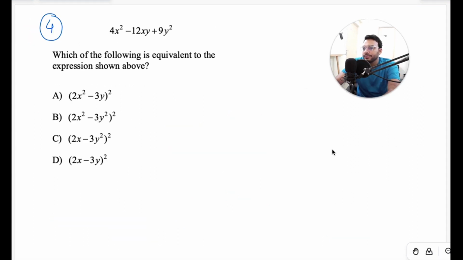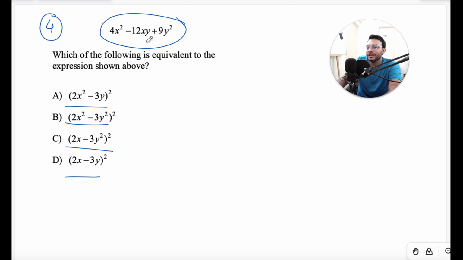Question number 4. 4x squared minus 12xy plus 9y squared. Which of the following is equivalent to the expression shown above? Okay. So since we can see that all options have just two terms, that means this has got to be a whole squared expression.